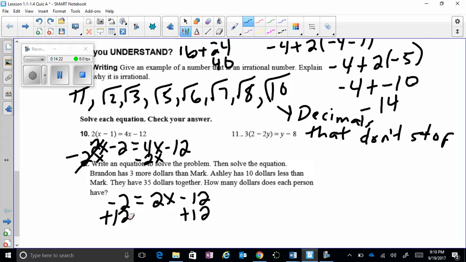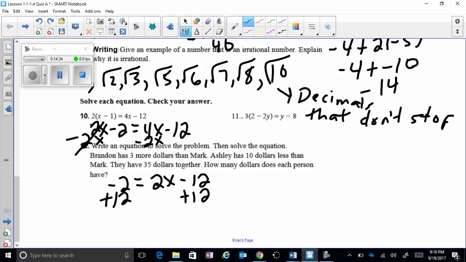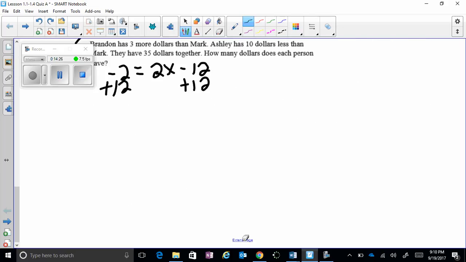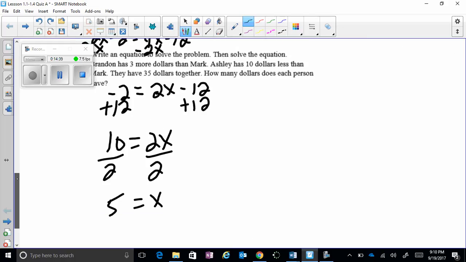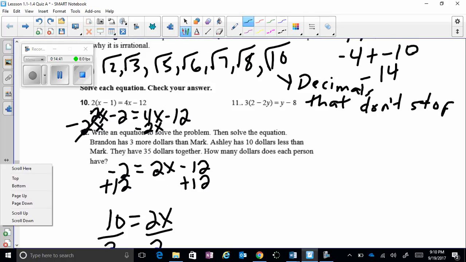And I'm going to continue on down, and I'm going to have 10 equals 2x. Now I want to make that a 1 because I know 1 times x is going to be itself, or its identity. So I'm getting it by itself. So x is 5.